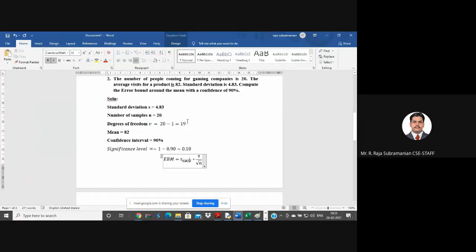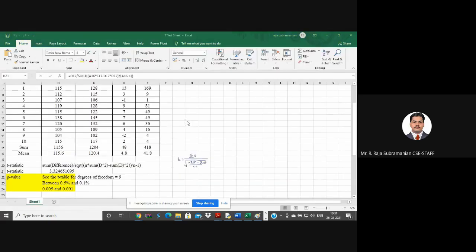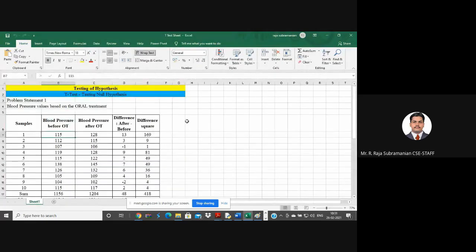Now in this class I'll be saying in what ways you will encounter the t-test. The first way is this particular way, where you'll be given a table like this. The number of samples is optional. This table alone will be given: a distribution before applying some treatment or after applying some treatment, or before applying some particular bias or after applying it. We have to find what the change in the distribution is.